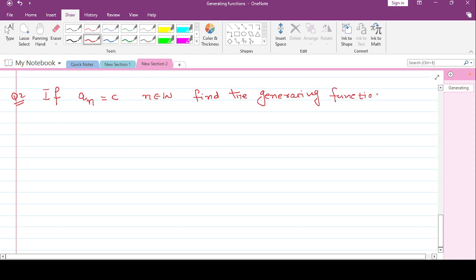Find the generating function. So solution: G(z) is equal to summation n equal to 0 to infinity a_n z^n. In expanded form this can be written as a0 plus a1 z plus a2 z square plus a3 z cube and so on up to infinity.